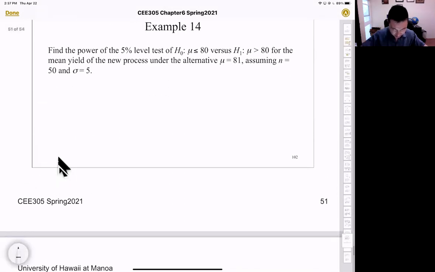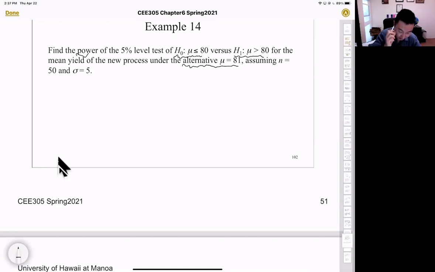Here is an example to calculate the power. Find the power of a 5% level test for the setup of H0: mean less than or equal to 80, versus H1: mean larger than 80, for the mean yield of a new process under the alternative mu.